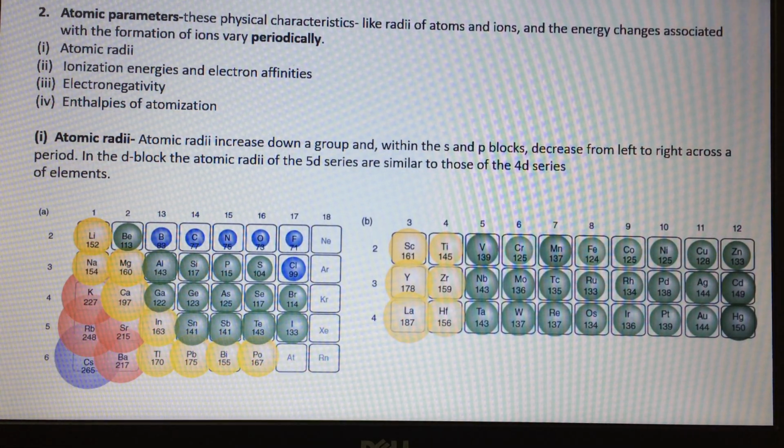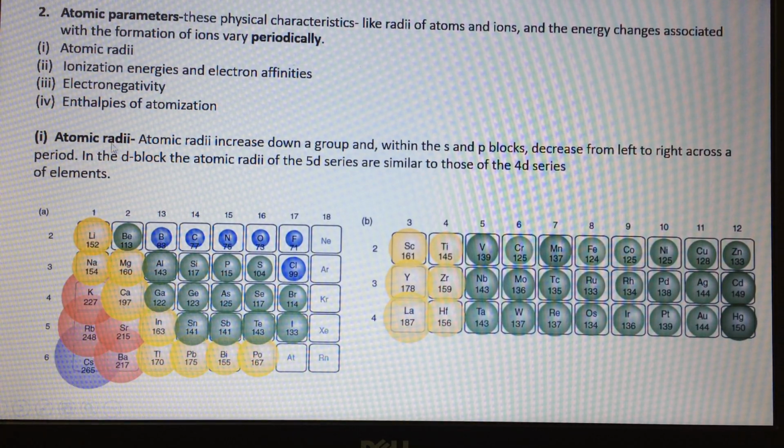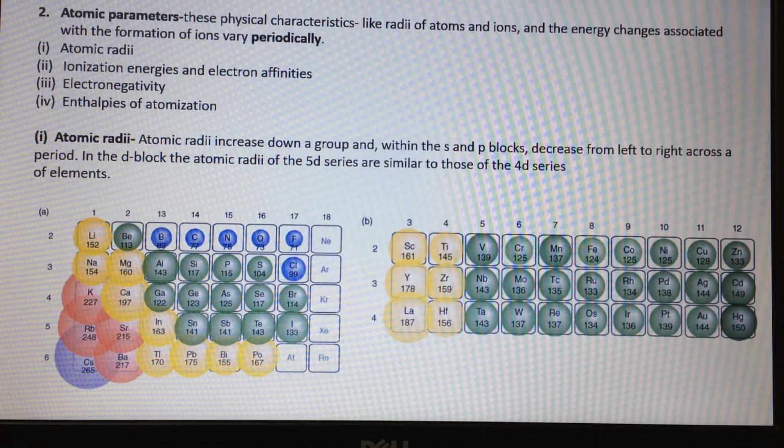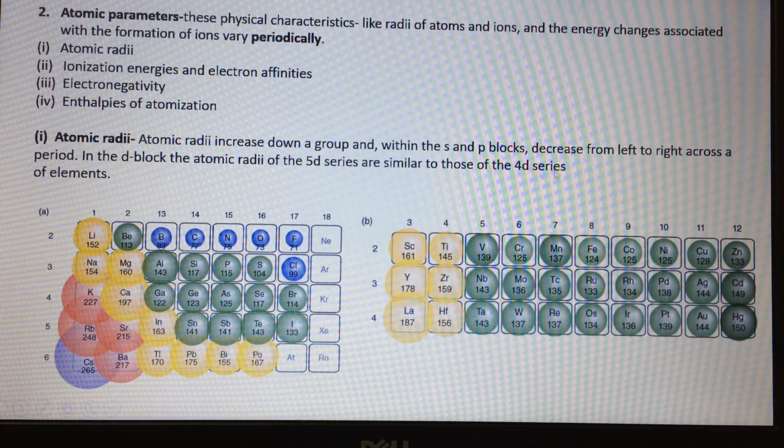So now we will discuss atomic radii. What is the atomic radii? Actually, the atomic radii increase down the group, from top to bottom, and decrease from left to right.